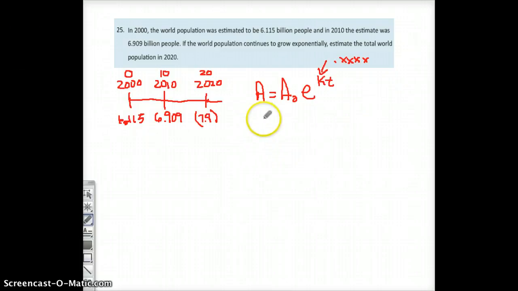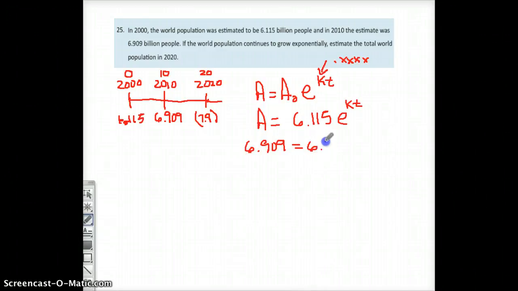Let's begin with the first step. We know that the initial amount was 6.115 billion. Okay, we know that. And we also know that we don't know k, and we don't know time. However, we do know that it grew to 6.909, okay?